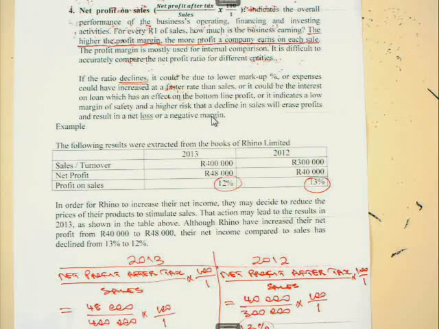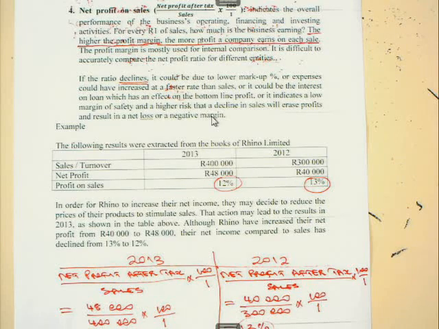Now we still have a positive margin because we still have profit. But if it is allowed to continue like this, we'll have a situation where for every 1 rand of sale, there is nothing that comes back to the business. Therefore, our margin will be negative.